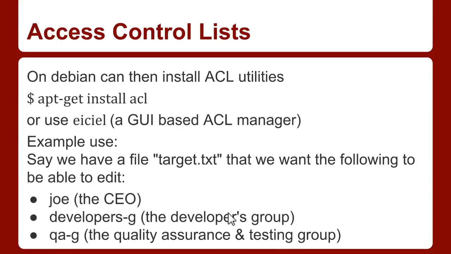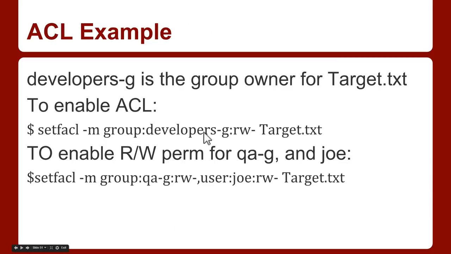So on Debian systems, it's something that can be installed with apt. It's effectively called acl. That's a command line one. There's a GUI-based one, eiciel. Basically an example is, say you want to have two groups have access to a file and also a different user, say the CEO or someone very important in an organization, but you want the two groups to have different levels of access.